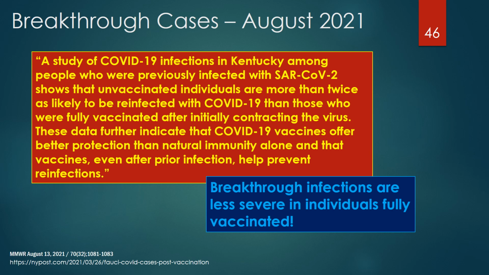These data further indicate that COVID-19 vaccines offer better protection than natural immunity alone, and that vaccines, even after prior infection, help prevent reinfections. Numerous studies have shown that breakthrough infections are less severe in individuals fully vaccinated.